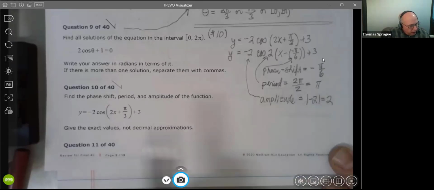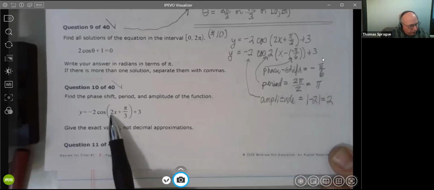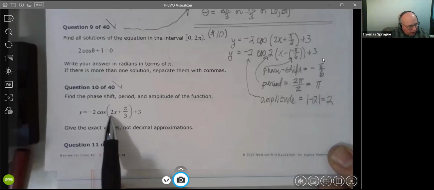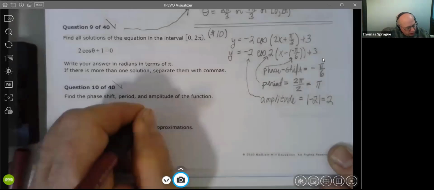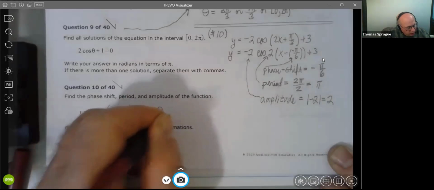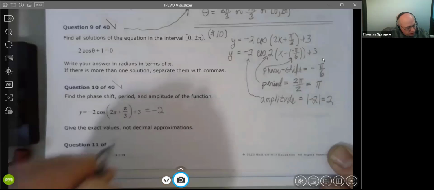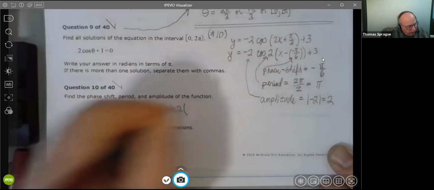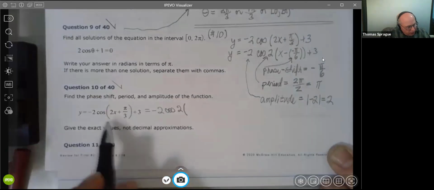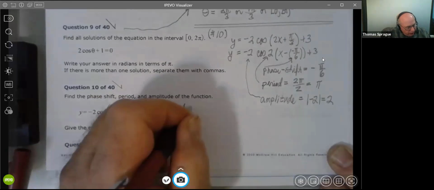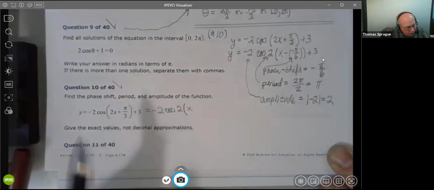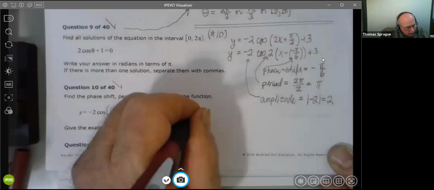And then the phase shift, you have to get actually by factoring this 2 out. So when I factor the 2 out of this quantity here, the 2x divided by 2 is x, but pi over 3 divided by 2 is pi over 6.